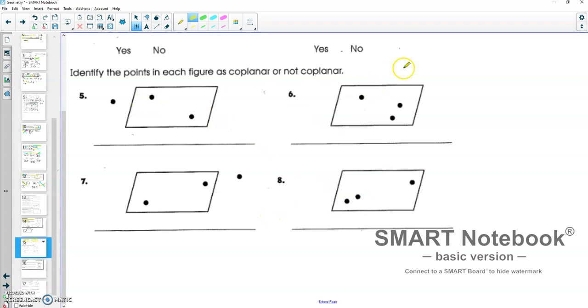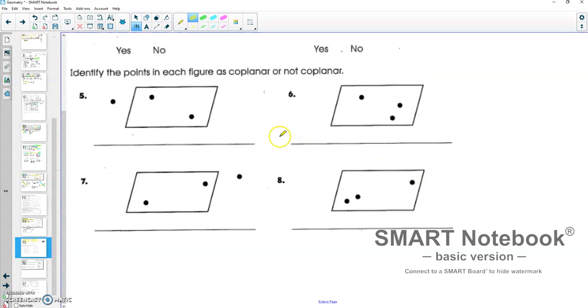It takes, again, 3 points inside the piece of paper or inside the plane to be coplanar. So if I look at these, are these all inside or is there some outside? Same thing. Are they all inside or outside?